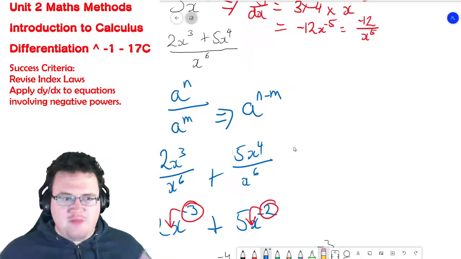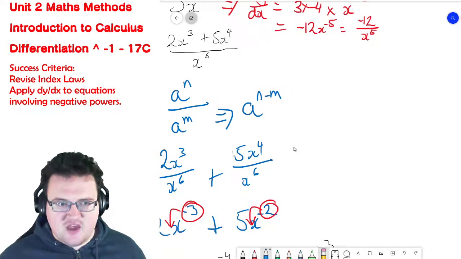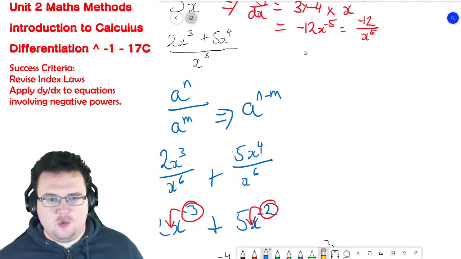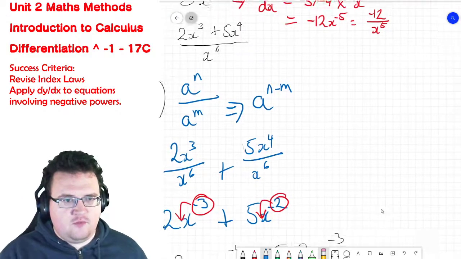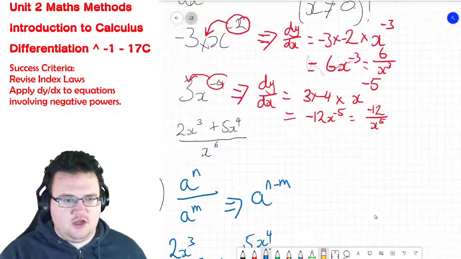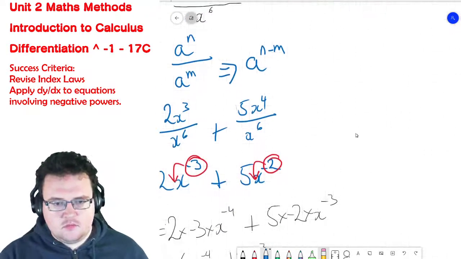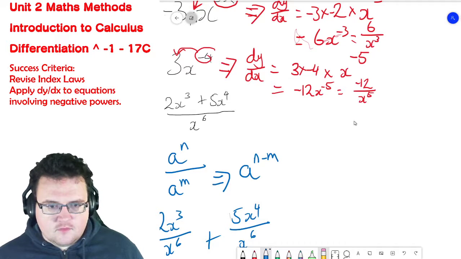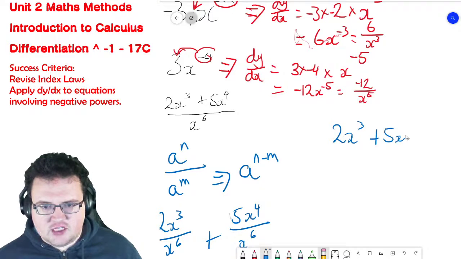Now, it's called math methods for a reason, because there are multiple methods to solve the problem. Depending on how you think about it, it might be easier to do one way than the other. So I'm just going to quickly rewrite this one down. So for example, this is 2x cubed plus 5x to the 4.